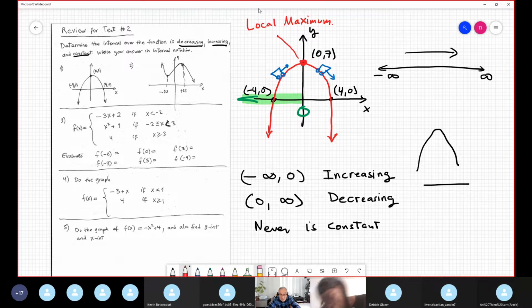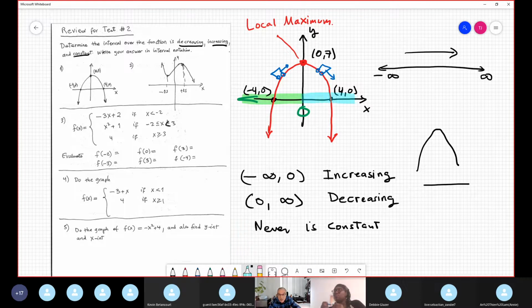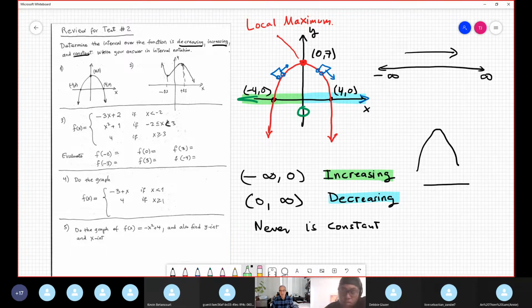One super important detail: I forgot to say that this blue interval is the interval in which the function is decreasing. The blue was decreasing, red was increasing. Do you see that?